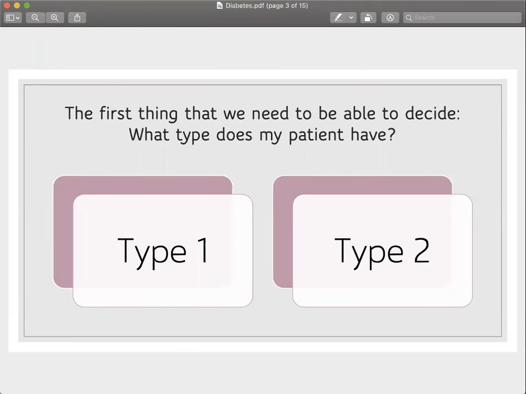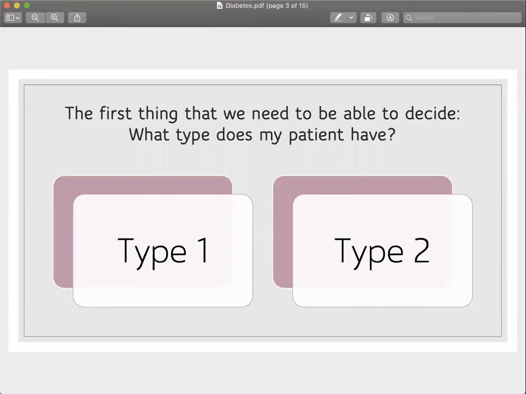Ketone formation. And as those ketones build up and the patient's blood becomes more and more acidic, what will our type 1 patients be at a really high risk for? DKA. And actually a lot of children who are diagnosed with type 1 are diagnosed when they show up to the ER in full-blown DKA.